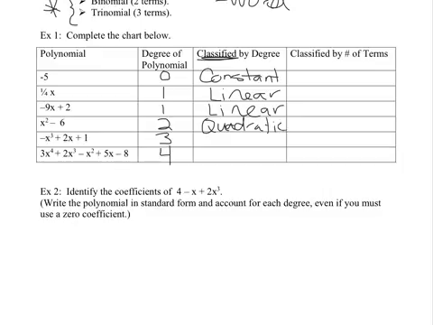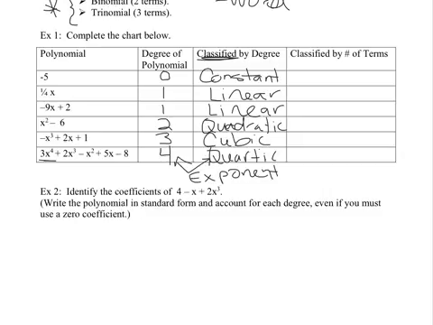Opposite of x cubed plus 2x plus 1, highest degree is 3, so this is cubic. And then highest degree here is 4, so this is going to be quartic. These 2 columns all have to do with the exponent, in fact, the largest exponent or largest degree.